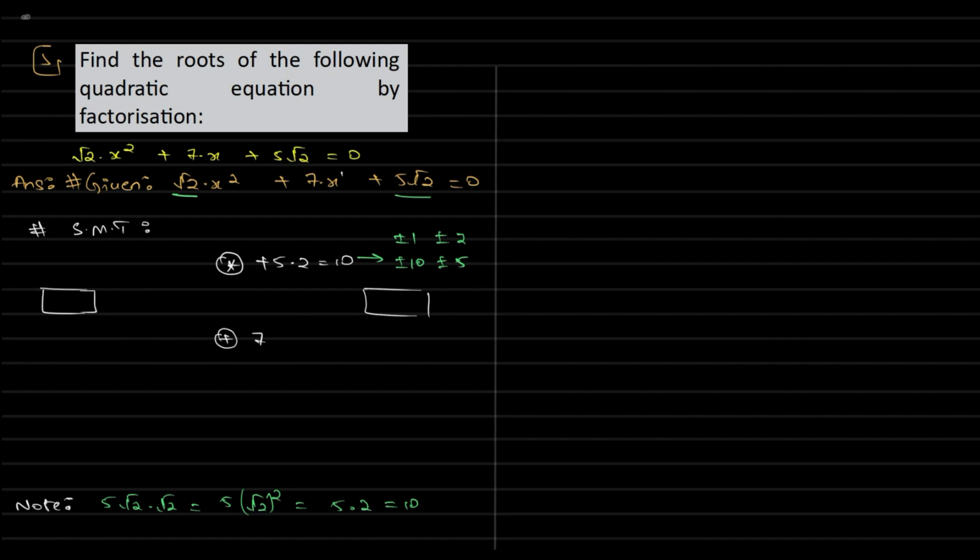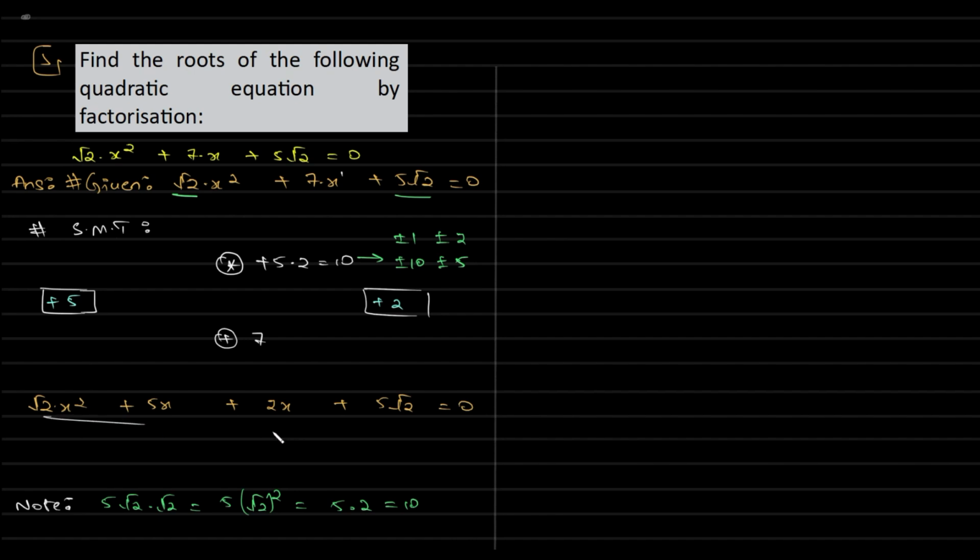Now we have to choose one of the pairs. 1 and 10 will never give me 7. 2 and 5, yes, plus 2 plus 5 will give me 7. And we split the middle term. So the next step is to just copy root 2 x square. In place of 7x, we'll be writing 5x plus 2x plus 5 root 2 being equal to 0.